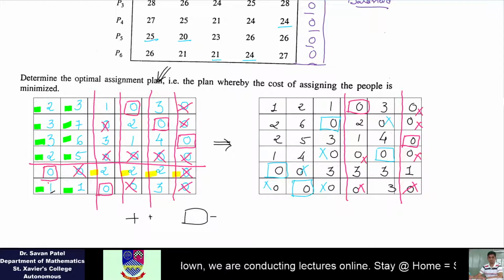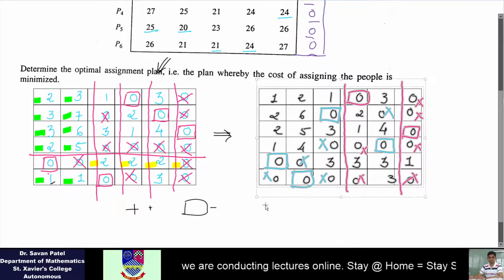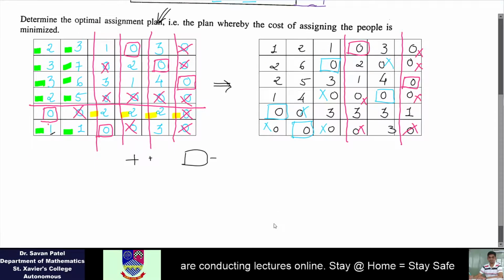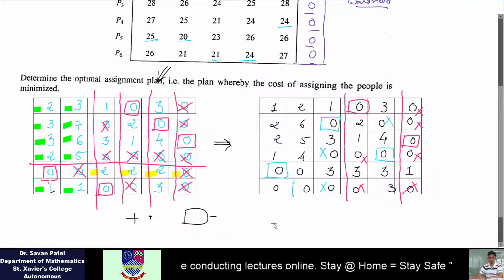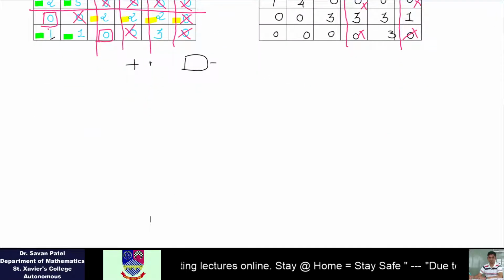Let me copy this so you can relate that I am still doing the same problem. I am removing the actions. This was our first choice. Okay.